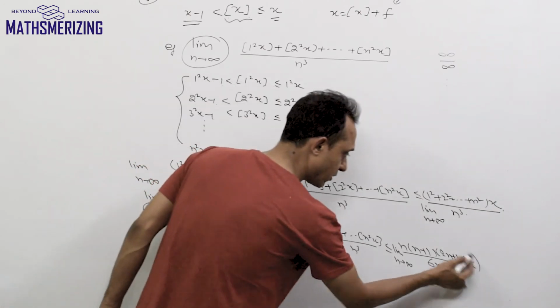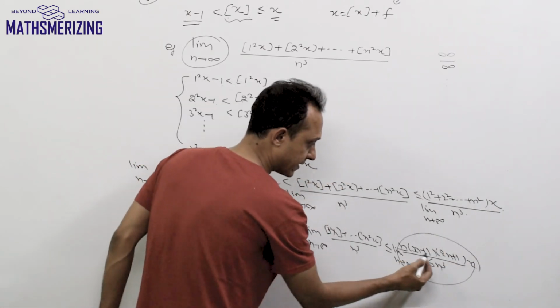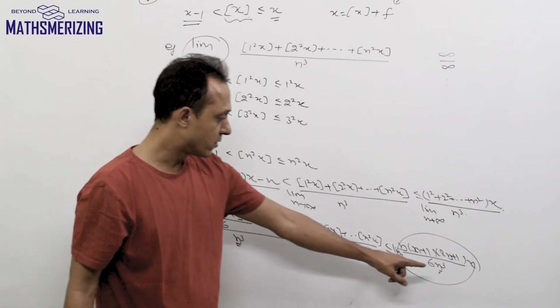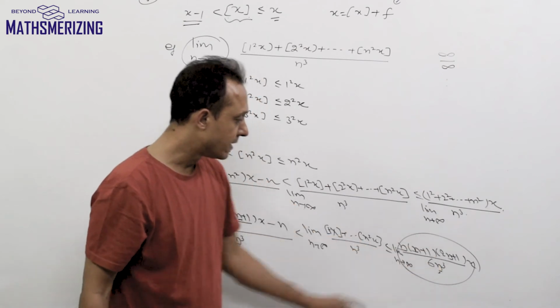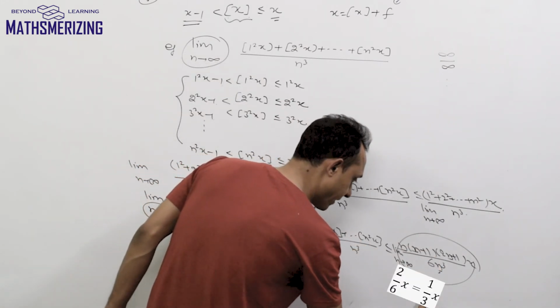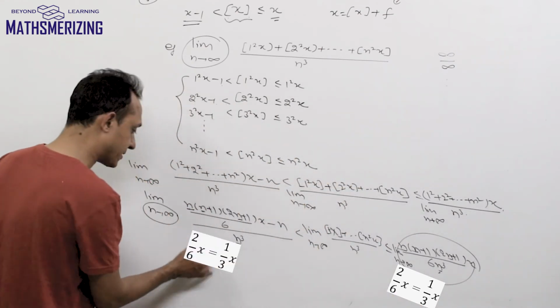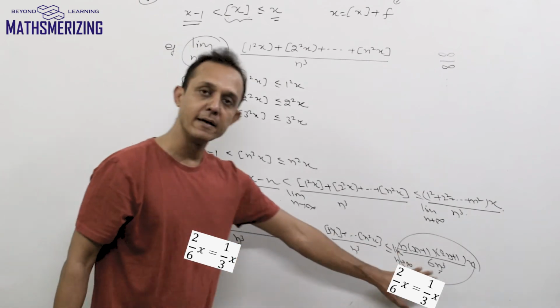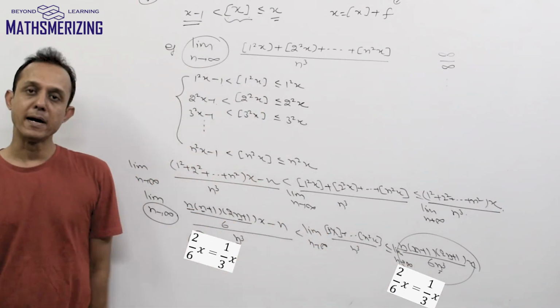And in this case also, it is a polynomial of degree 3 in the numerator, and here also the degree of n in the denominator is 3. So again it will be 2 by 6, which is 1 by 3 x. Both these limits, on the left hand side and also on the right hand side, have the value 1 by 3 x.